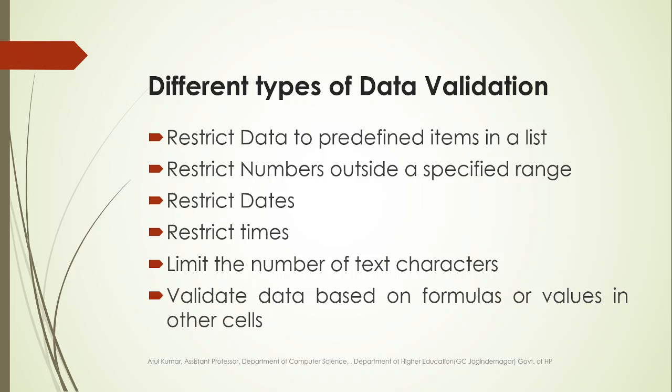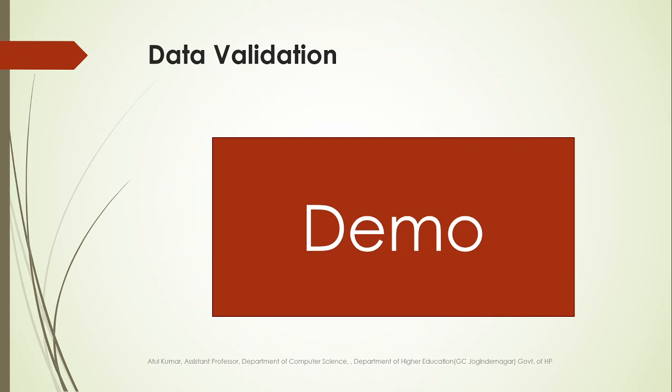You can restrict dates within a range or outside a specified date, or you can also restrict times. You can also limit the number of text characters. Also, you can validate data based on formulas or values in other cells. So now I can show you the demo of data validation in MS Excel.